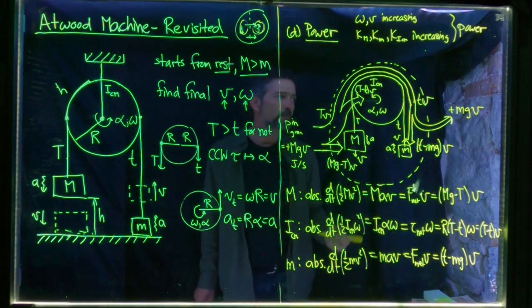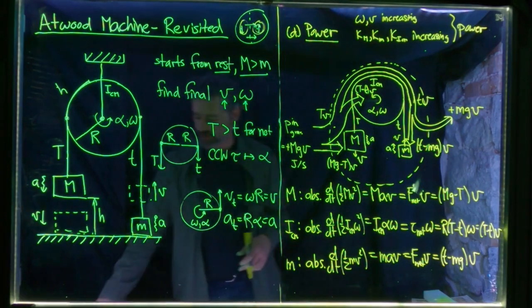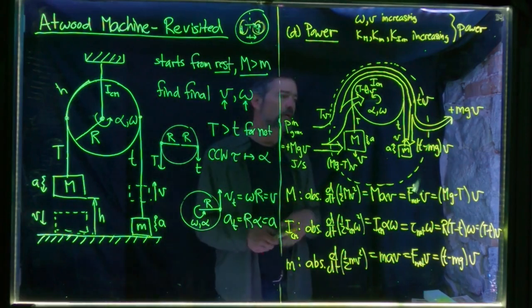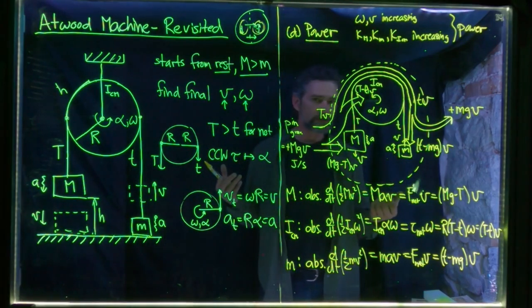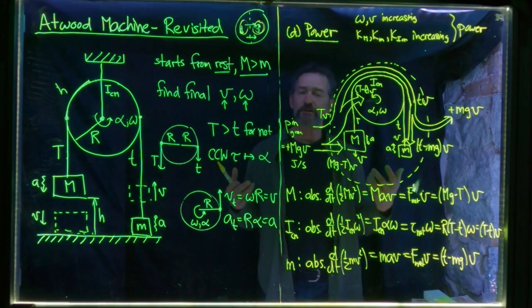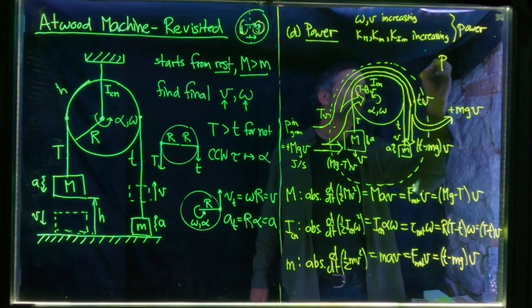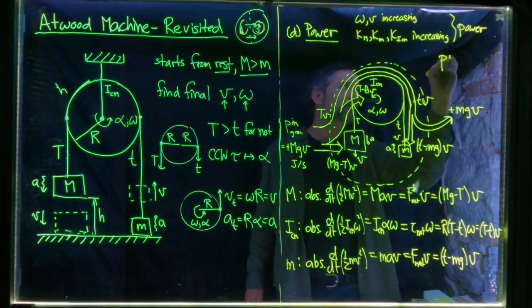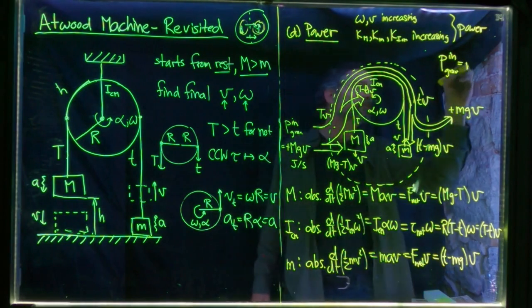That's exactly the power flowing back into the gravitational field, because remember, the gravitational field is exerting a force of magnitude little mg down. The displacement is of magnitude h up, and the velocity is up. So the power is force dot velocity. The force is little mg down, the velocity is little v up, so the dot product is negative. So the gravitational power flowing into the system is mg, the gravitational force, dotted with the velocity.